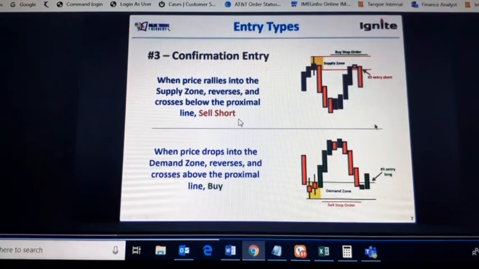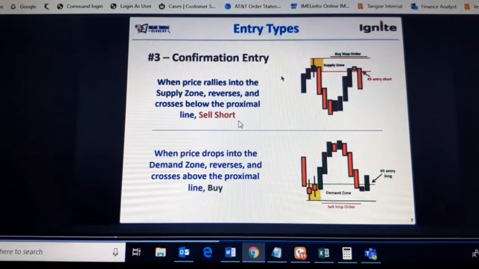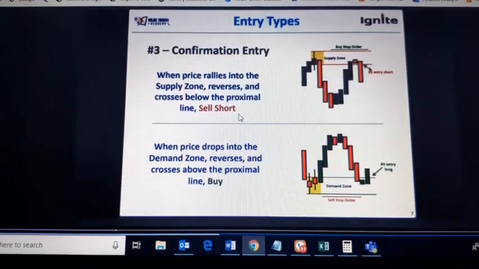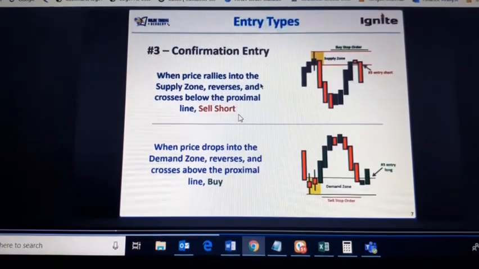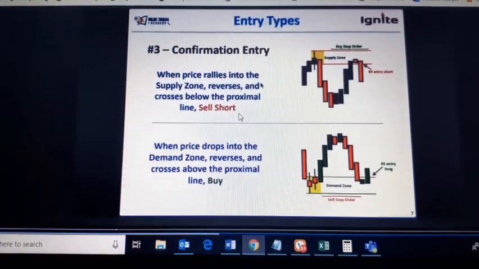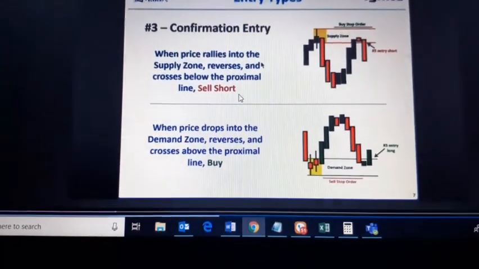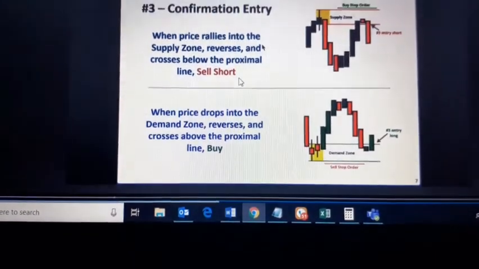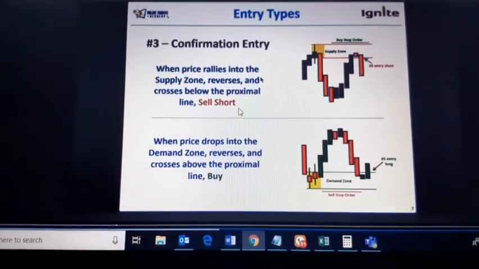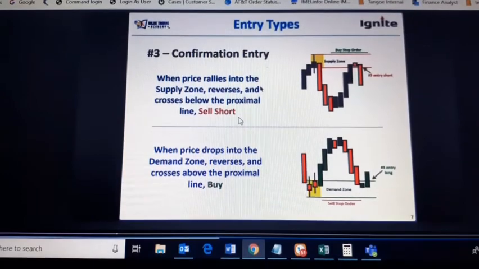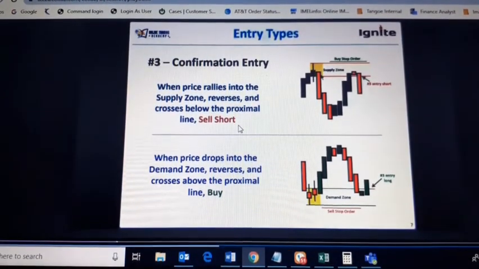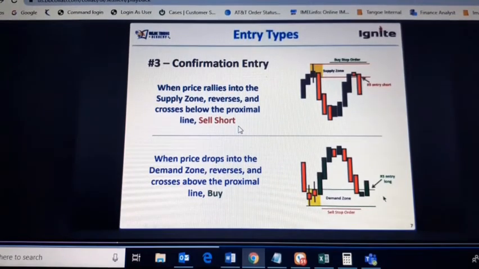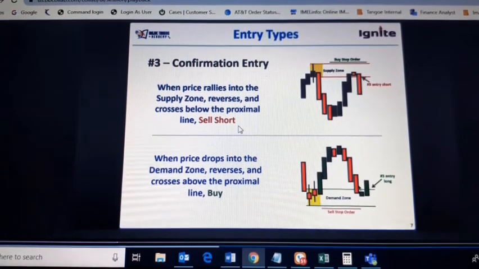So what will be the advantages and disadvantages of this confirmation entry? First, tell me the advantage. Very good. The disadvantage here is that you have to be constantly in front of the PC to monitor whether the candle is closing inside the zone.